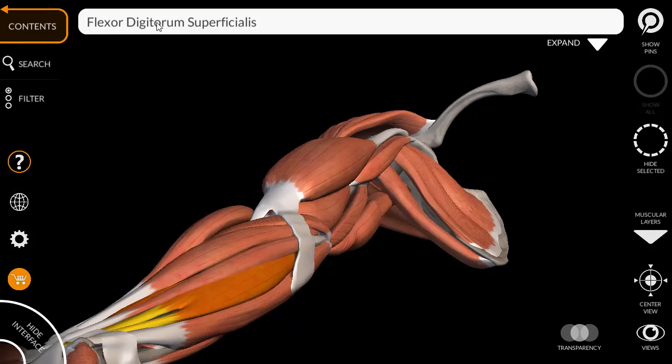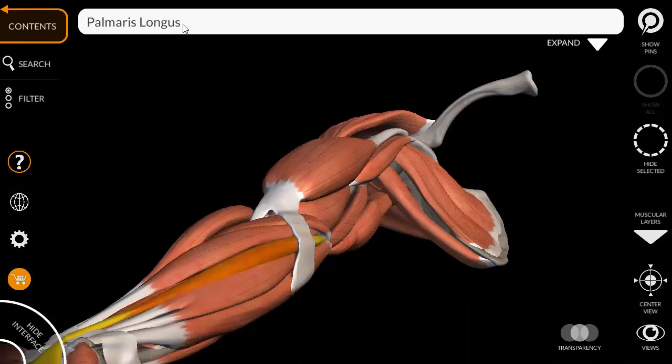You can read these words backwards. Superficialis, it moves the digits of your hands and flexes. So it flexes your fingers. That's what this muscle, flexor digitorum superficialis, does.